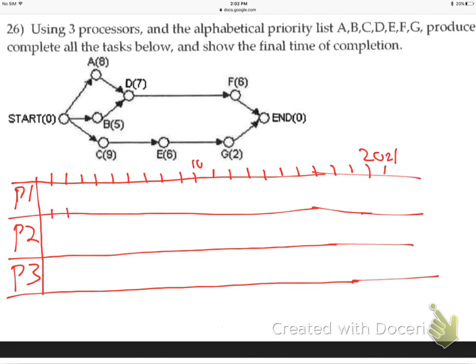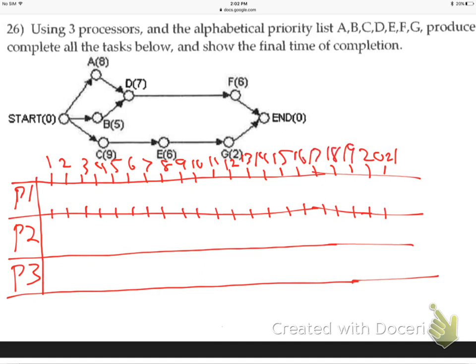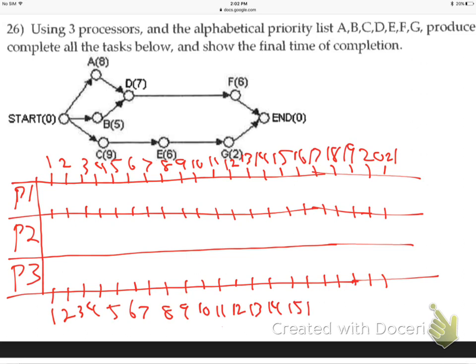And 1, 2, 3, 4, 5, 6, 7. Okay, and I guess we need numbers on these guys too.